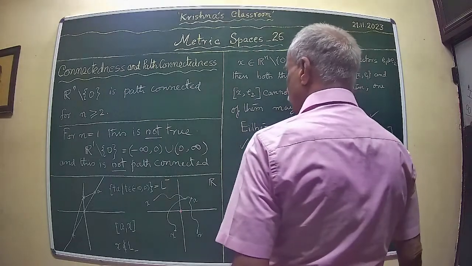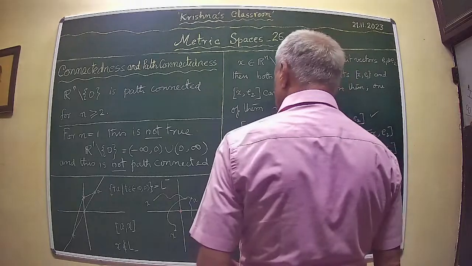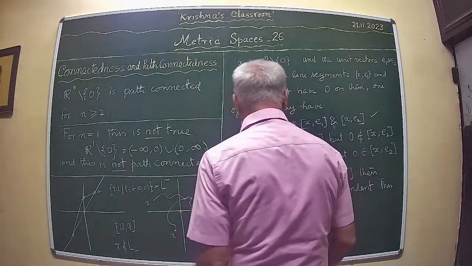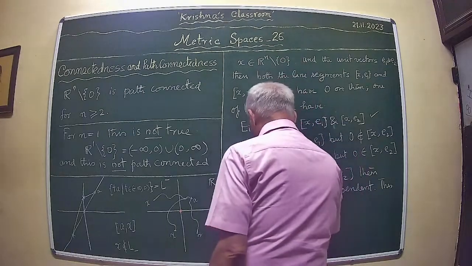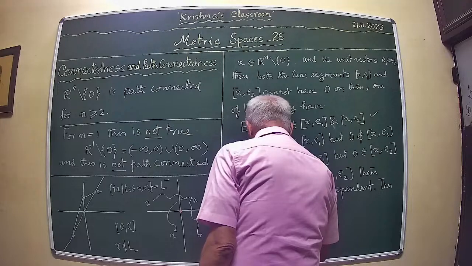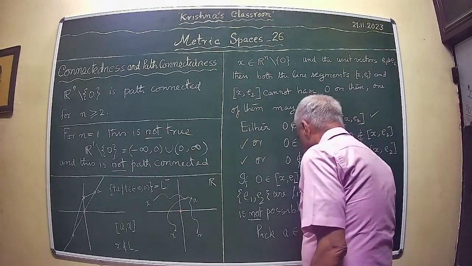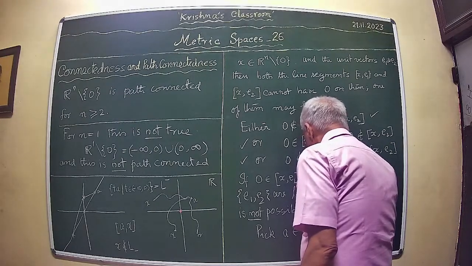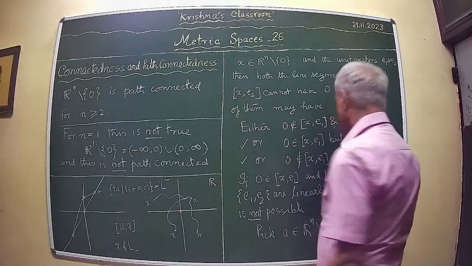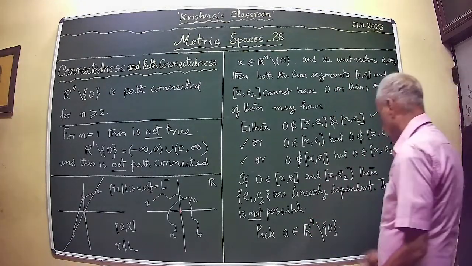Now, to complete the proof, what you have to show. So given, pick A belonging to Rn, that is any A which is not equal to 0.